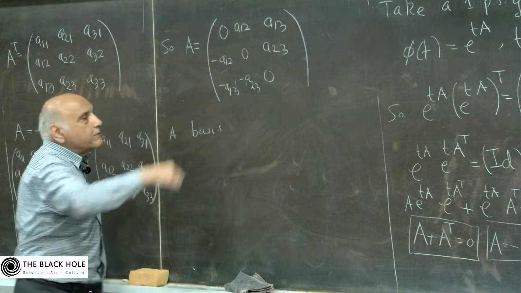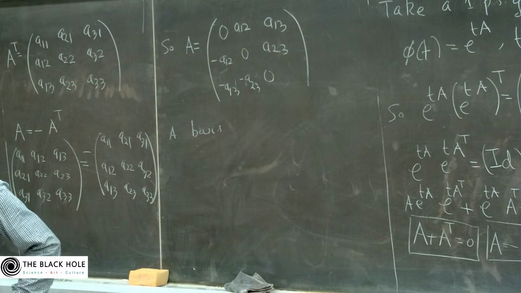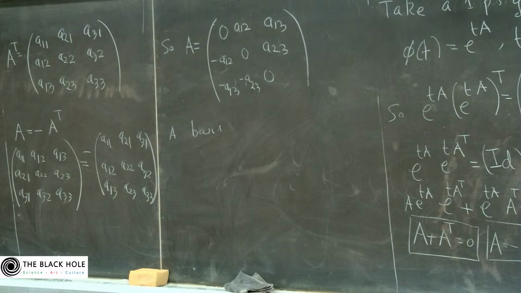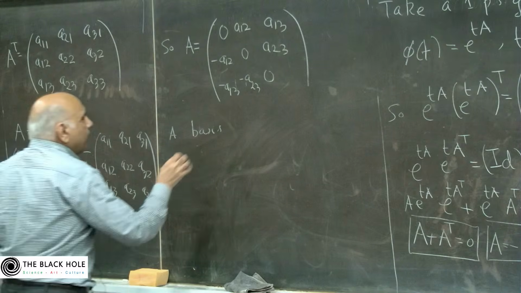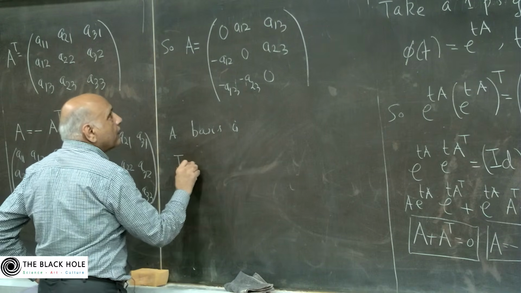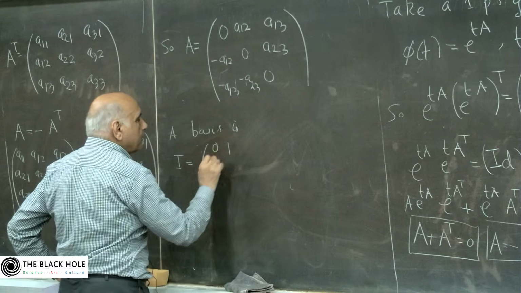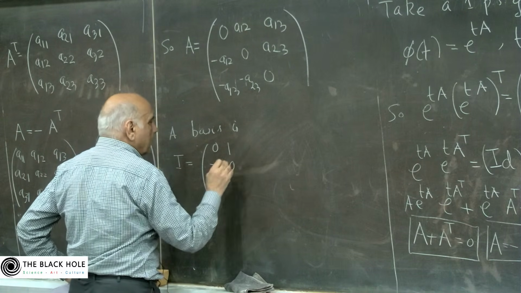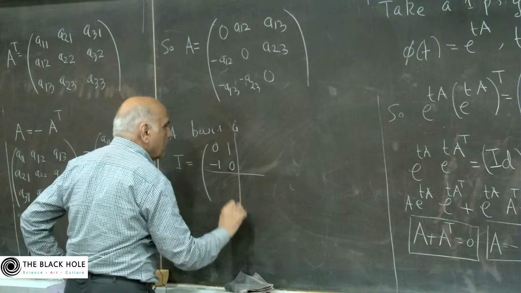Okay. So what will be a basis? How many parameters do you have? 3. You have 3, right? So this will be a 3-dimensional subspace of matrices. So the basis is, let's call it I, is 0, 1, minus 1, 0, and the rest is all zeros.